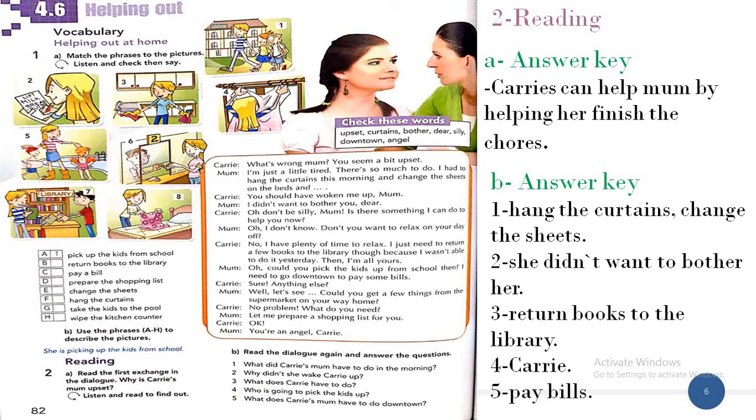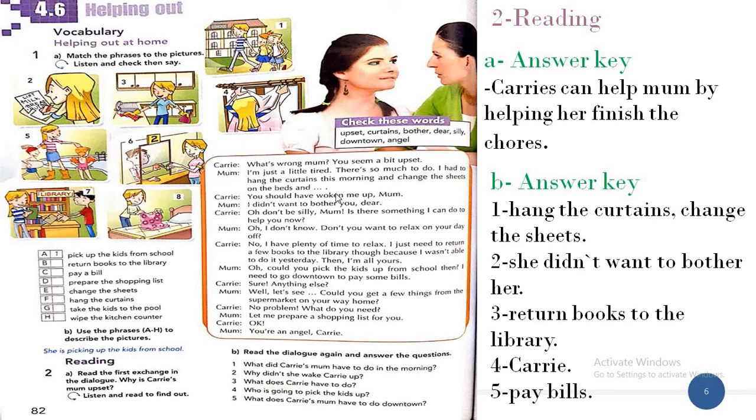She has to return the books to the library. 4, who is going to pick the kids up? Carrie. And what does Carrie's mom have to do downtown? Pay the bills. Okay, these are the answers for B.